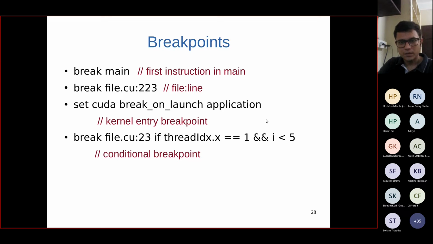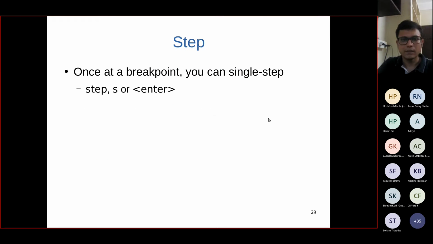And you can also be very specific in inserting the breakpoint. So you can write this: break file.cu:23 if thread ID is 1 and the value of i is less than 5. So this is called a conditional breakpoint, and if this condition is satisfied, then the breakpoint will be inserted, and here in this case it's just one thread, so for that thread all the debugging information will be printed.